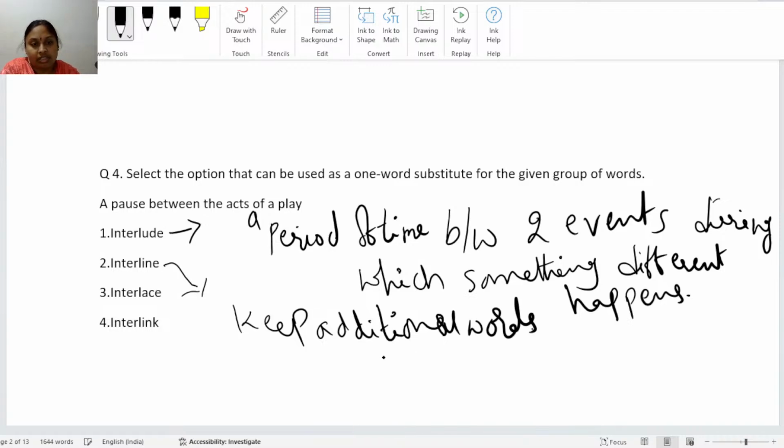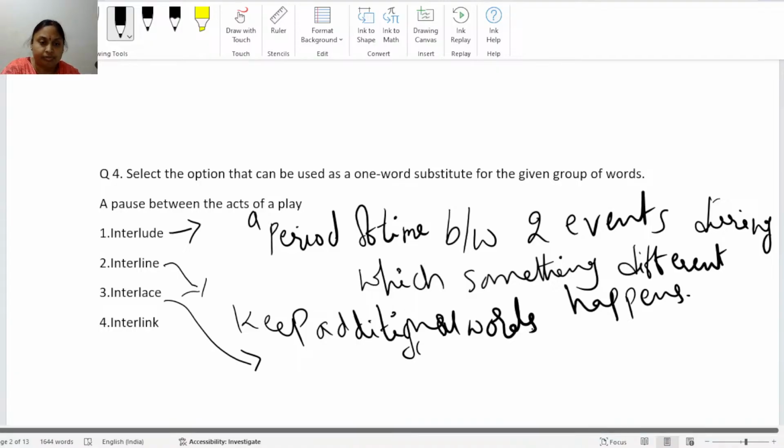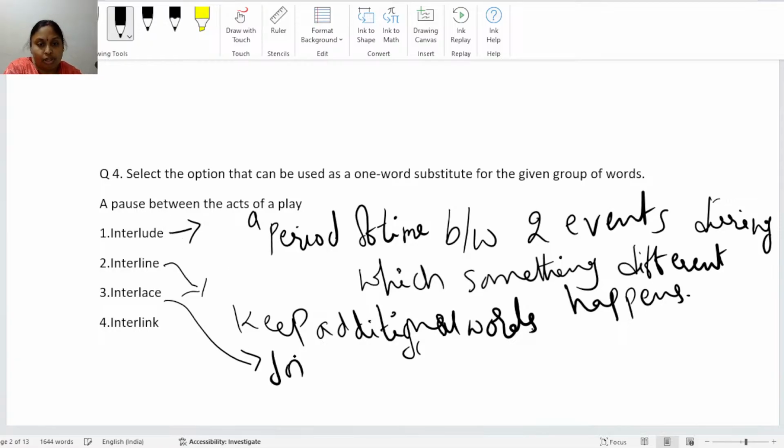Then it will be interlines. Next, interlace. What is the meaning of interlace? So, join the things together. Joining of things by twisting them.